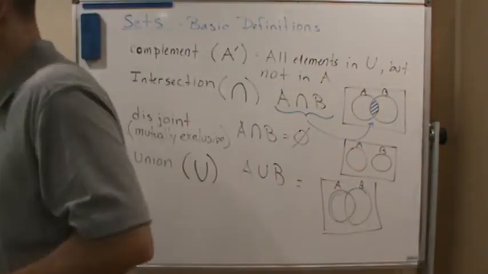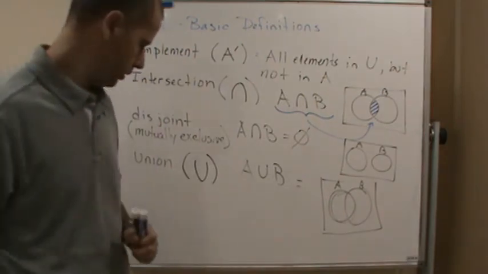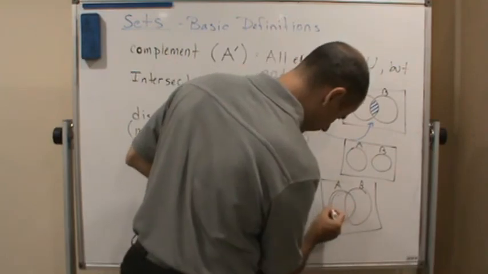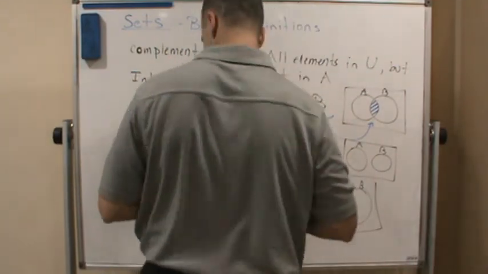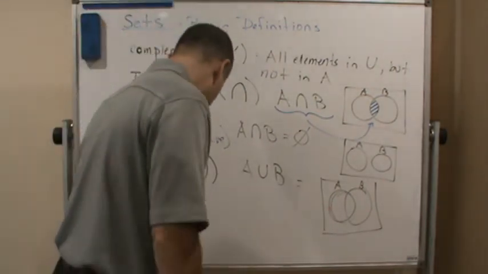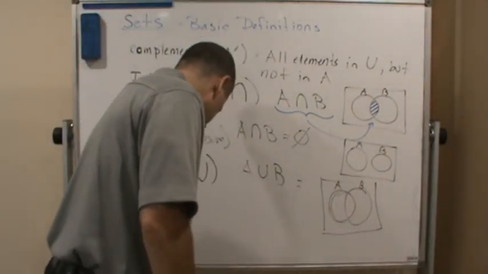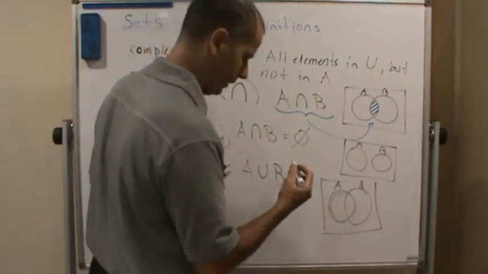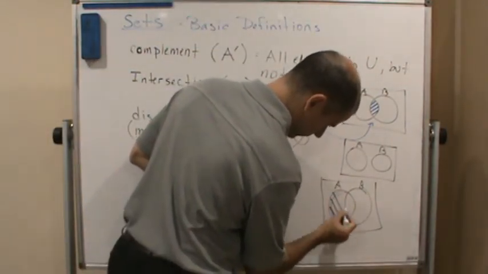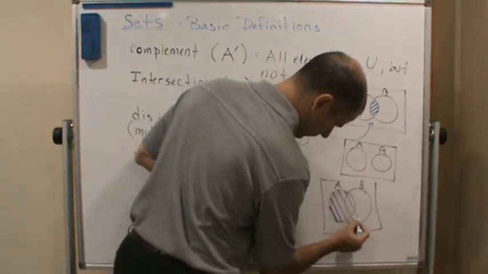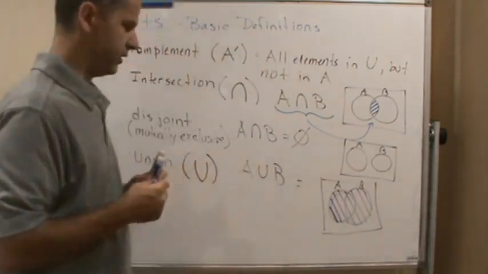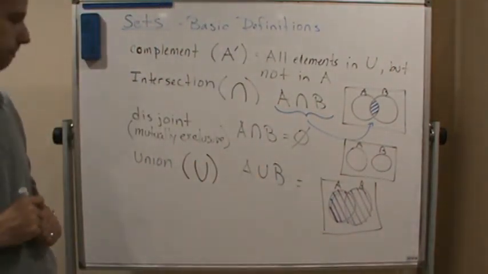Man, I'm running out of markers. Let's do this one. So that's the union of A and B.